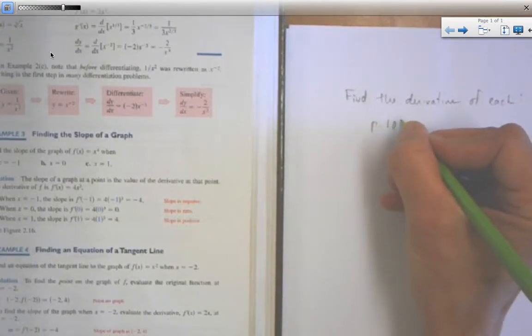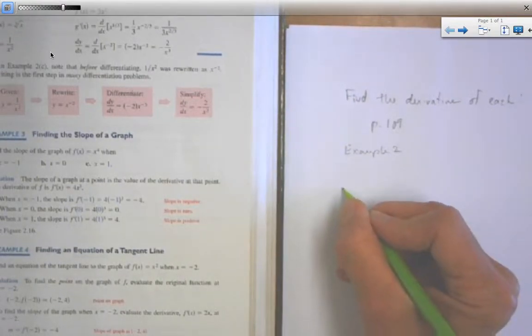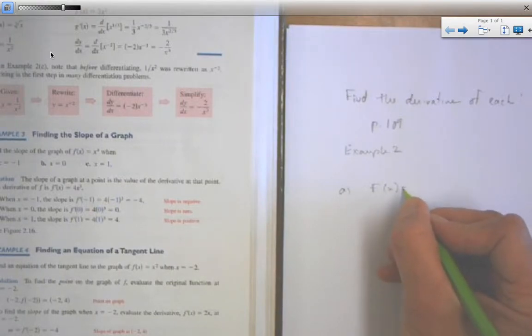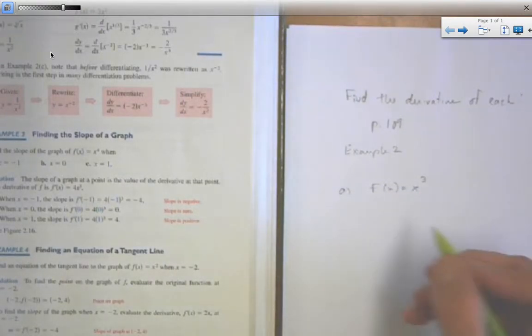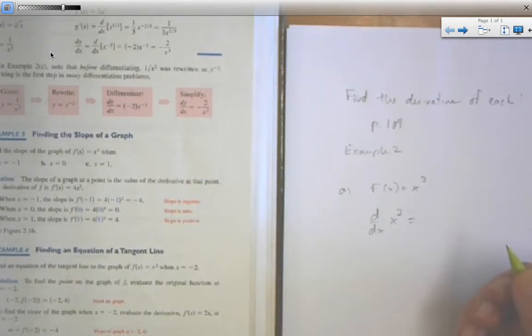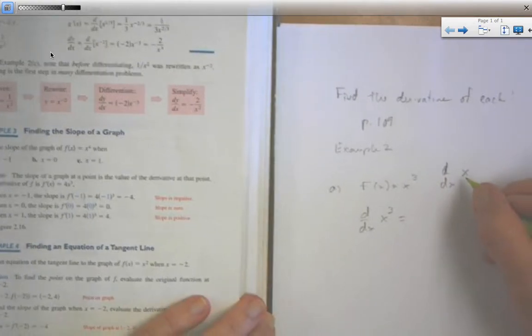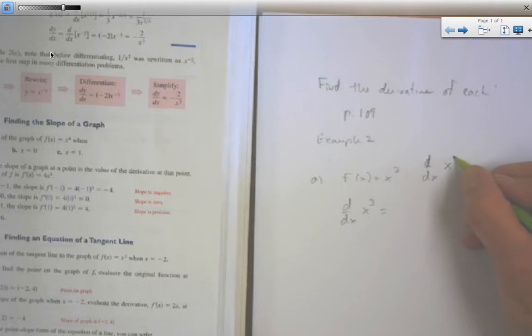I'm on page 109. I'm going to use example 2 as my guide. So I'm first going to find the derivative of x cubed. Following the rule, the rule says taking the derivative of a monomial term, one variable term raised to a power, where the power is a number, the power comes in front, n times x, and you subtract 1 from the exponent.